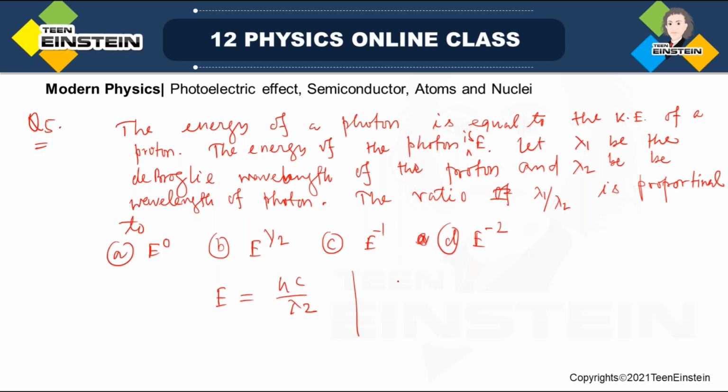For the de Broglie wavelength, this is the proton kinetic energy. If E is the kinetic energy, then what will be the momentum?